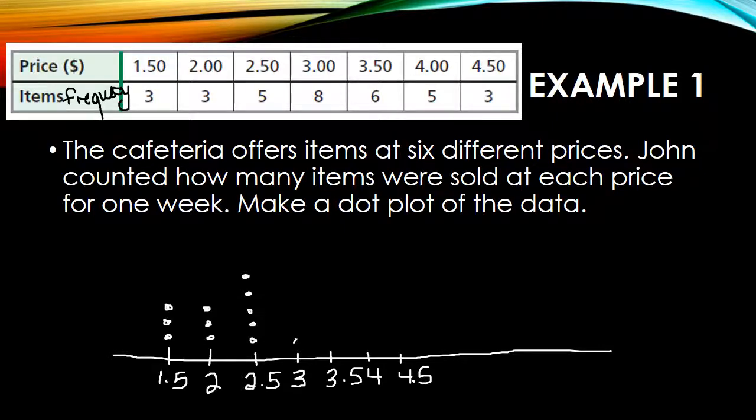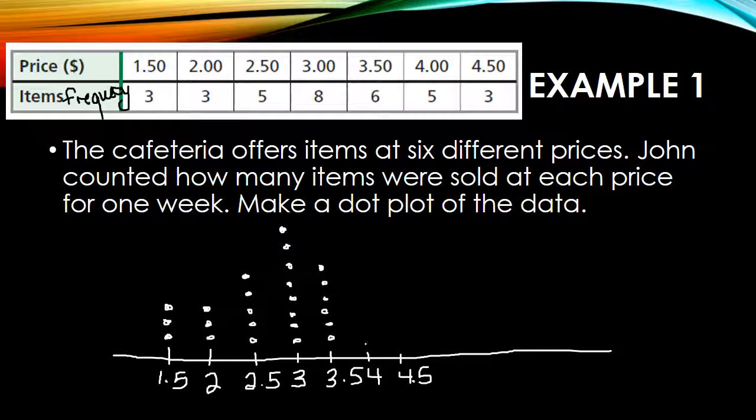And 8 for 3: 1, 2, 3, 4, 5, 6, 7, and 8. And then I have 6 dots for 3.5: 1, 2, 3, 4, 5, 6.